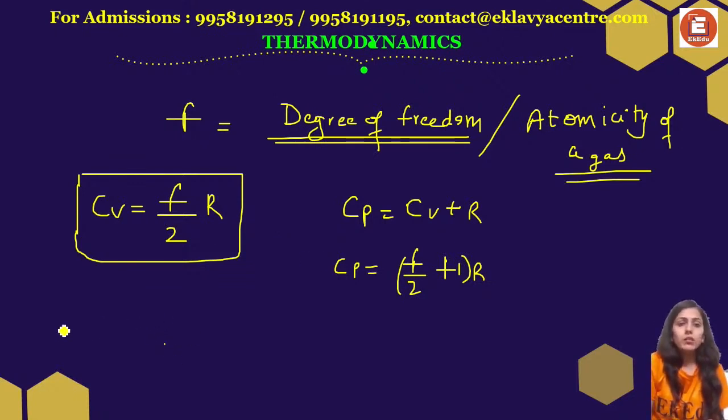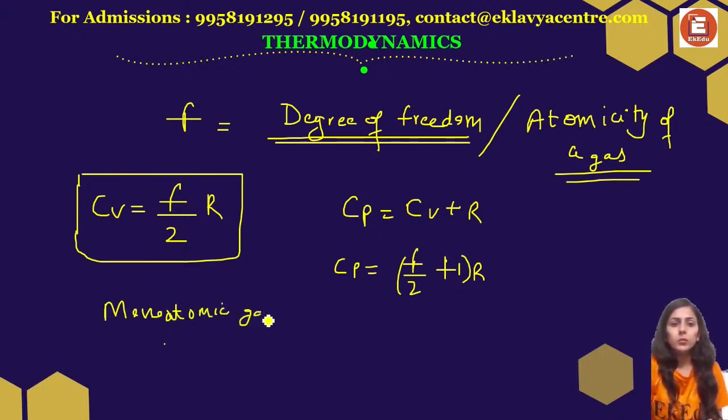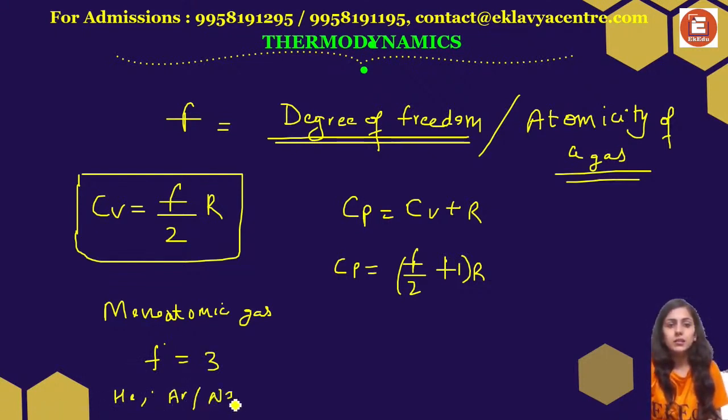So learn these small points. For monatomic gases, the value of F is 3, like helium, argon, neon. For diatomic gases, the value of F is 5, like O2, N2.